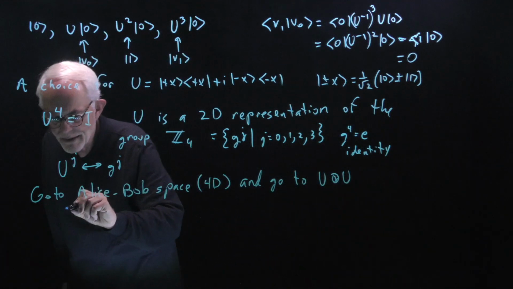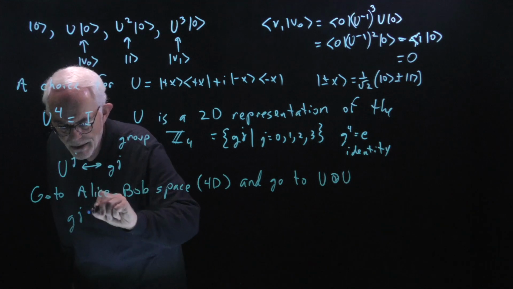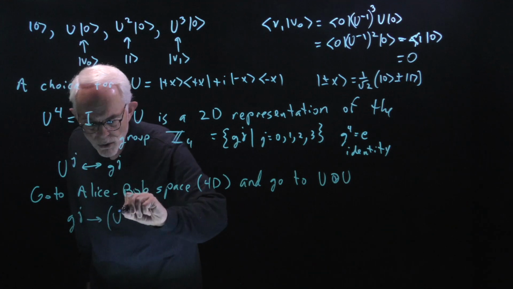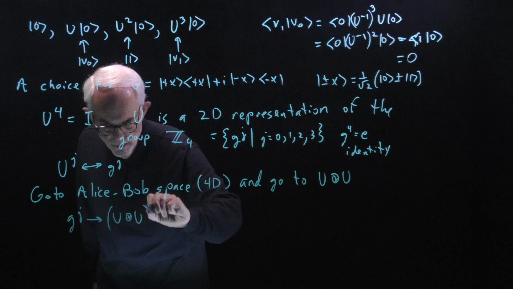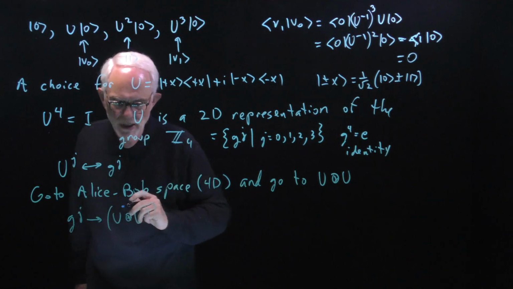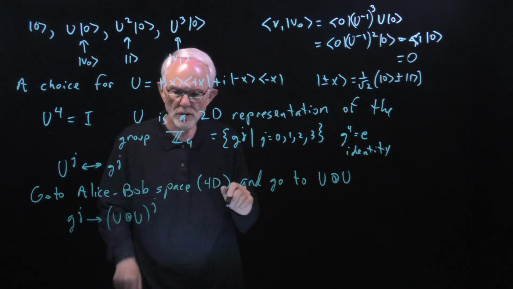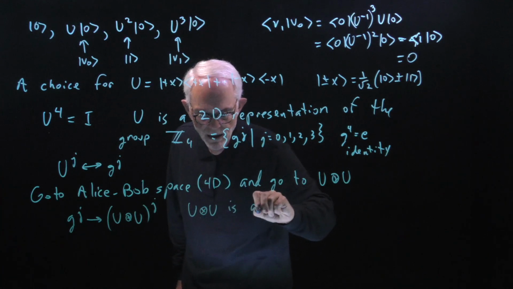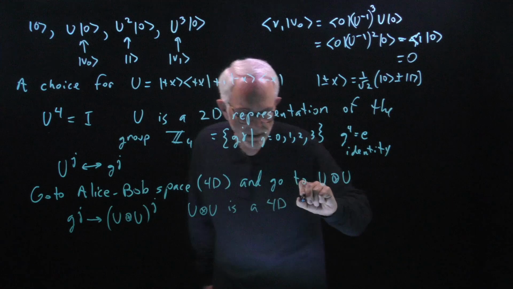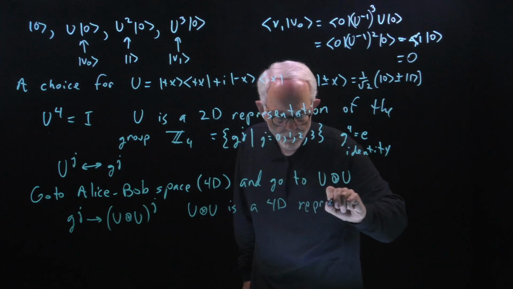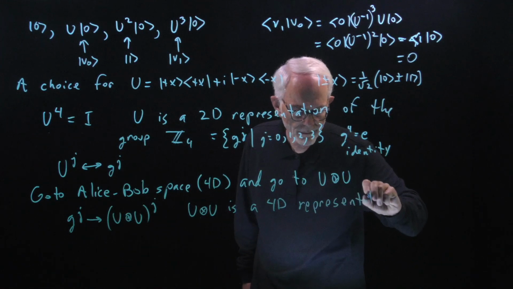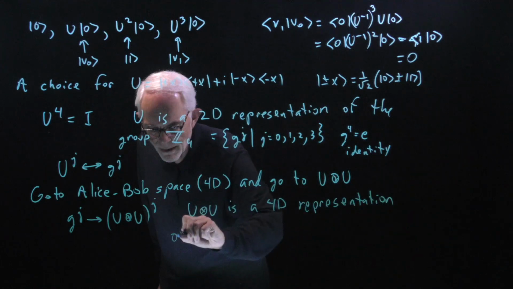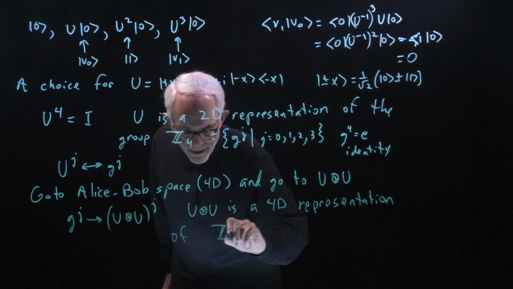And we have that G to the J goes to U tensor U to the J. So U tensor U is a four-dimensional representation of Z4.